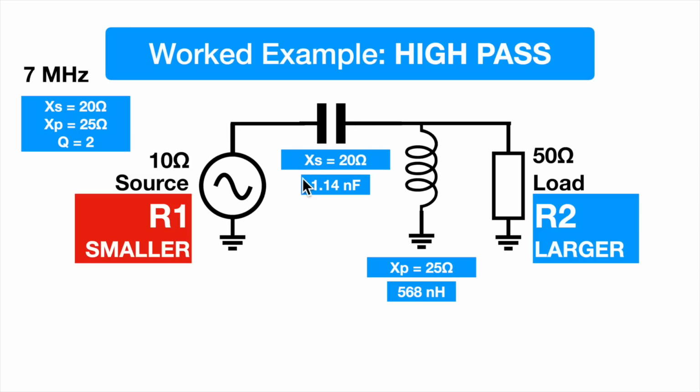So we need to use the capacitive reactance formula this time for this one, and the inductive reactance formula for this one. That's why we've got different values here: 1.14 nanofarads for the capacitor and 568 nanohenries for the inductor. And again, that will work as well.